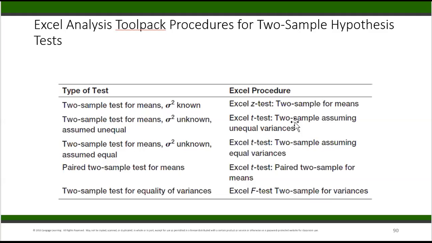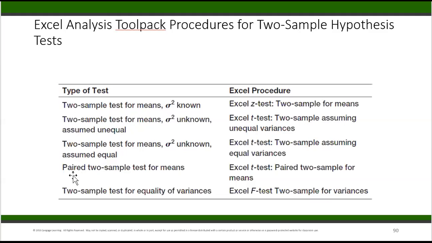This is among the first 3, which all are t-tests for means when you have independent samples. The second one, when you have unequal variances, is a more general case and includes the other 2.